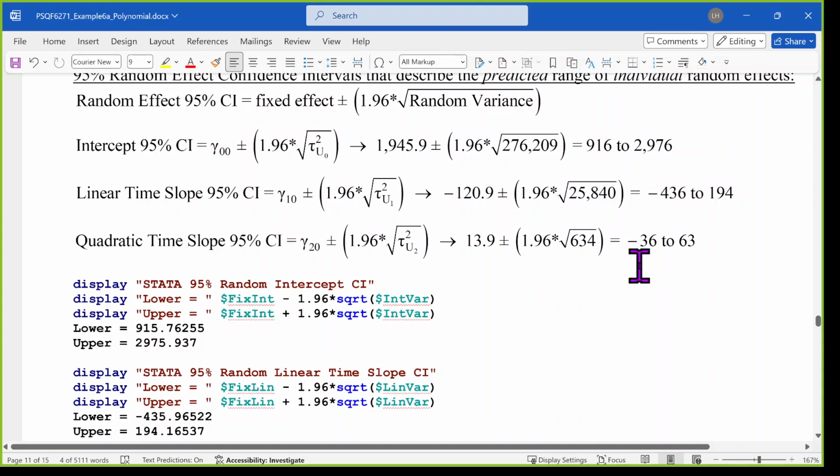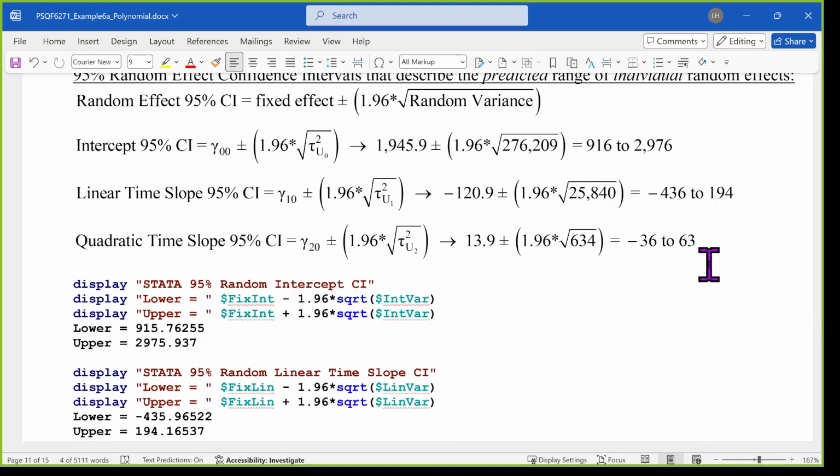And then the quadratic term also has an interval because it has a fixed effect and it has a random effect variance around it. And so it ranges from negative to positive as well. So the two work together. You would have to come up with a prediction that involved a particular number to be able to describe the pattern, because a negative quadratic could slow down a positive function or it could speed up a negative function. The two both have to be known to figure that out.